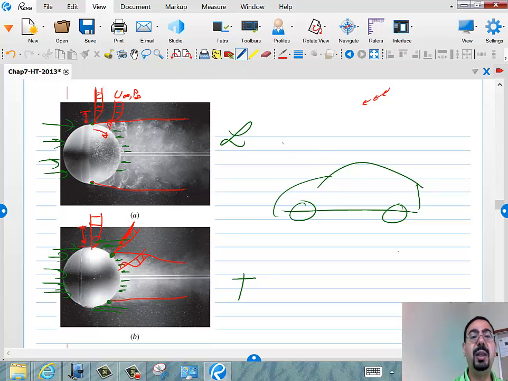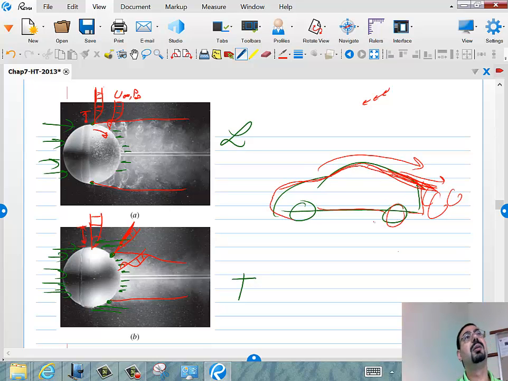So they would love to make the flow remain attached to the body as far as they can, because they don't want the wake to be really big. If you look at a lot of new cars, you will see that they always try to do this, to keep it attached farther and farther so that it won't separate.